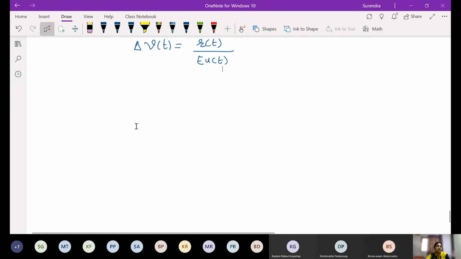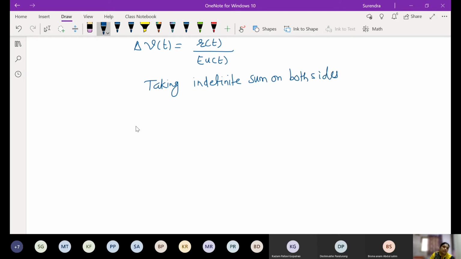Now, can I solve this first order difference equation in terms of v of t? Now, taking summation, the indefinite sum on both sides. You write taking summation or indefinite sum on both sides, whatever. So if I take summation on both sides, what will I get?